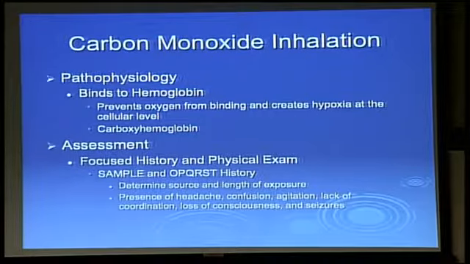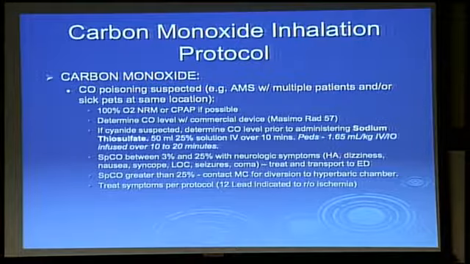So getting the history, and the key thing with CO poisoning is that you're often going to have multiple people at the same site who are complaining of similar symptoms. And so if this is suspected, giving oxygen at 100% by non-rebreather mask, getting the CO level is extraordinarily helpful.